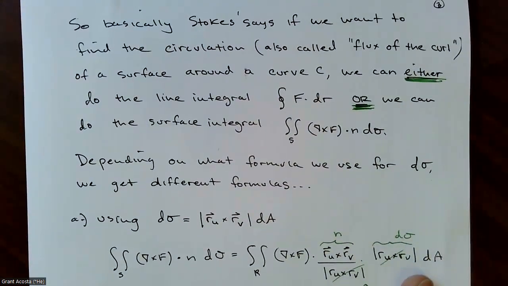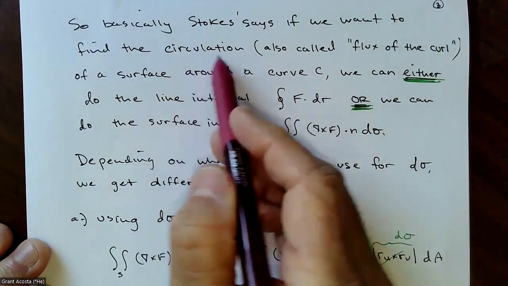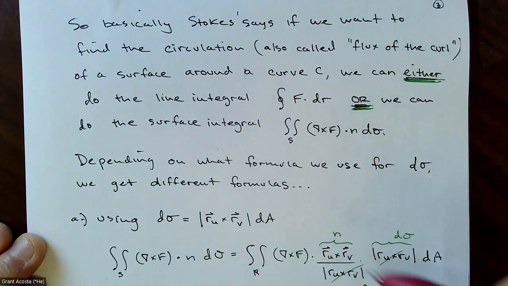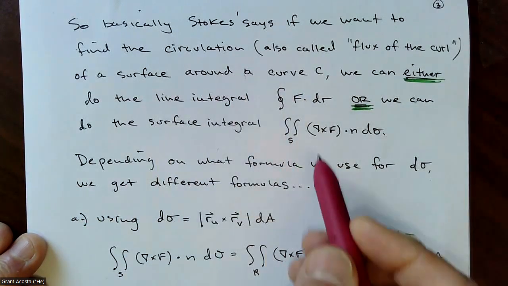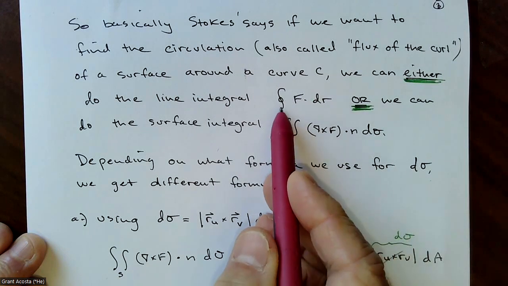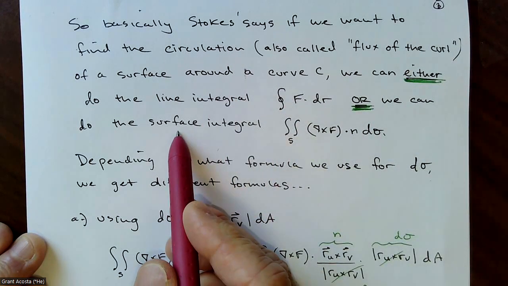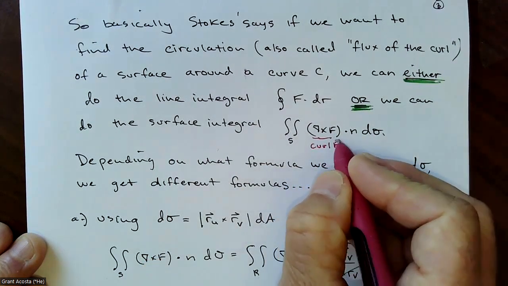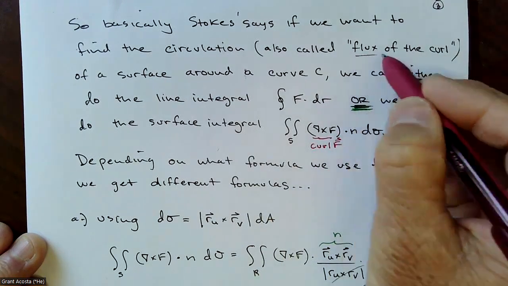So basically what Stokes' theorem says is this: if we want to find the circulation, I'll define this, sometimes called the flux of the curl of a surface around a curve C. So if we want to do the line integral that we're used to doing around some boundary curve C, we can either do that line integral, or we can do the surface integral where we're adding up, again, the curl of F dotted with N. And that's part of the reason we call it the flux of the curl.